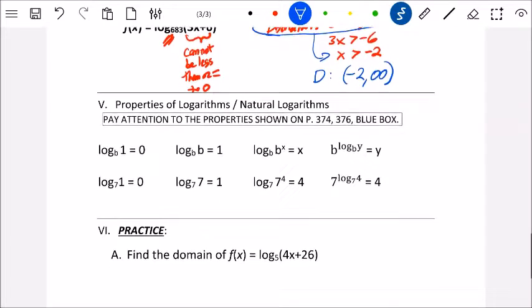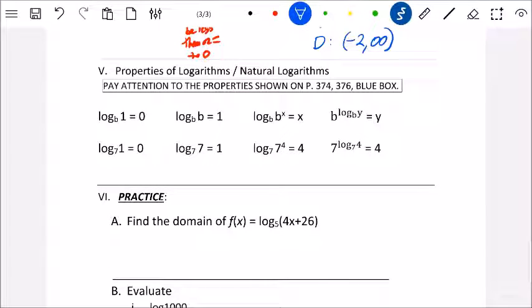Now, here are some little rules about logarithms that you need to know. So if this number is 1, that means you get a 0 here. Doesn't matter what the base is. Base does not matter. If these two are the same, it's 1 automatically.